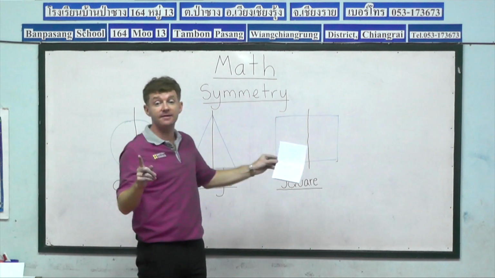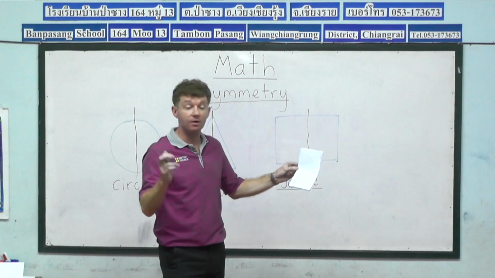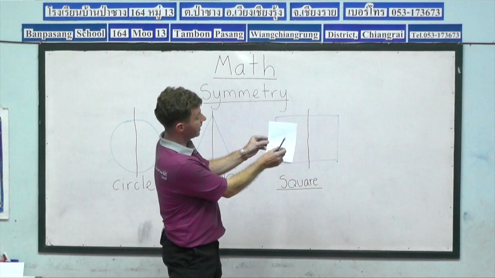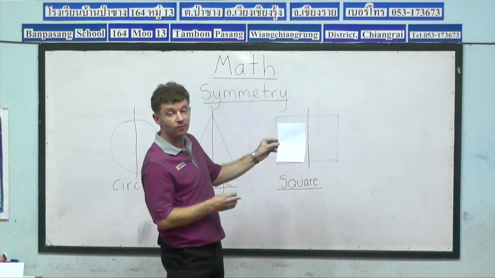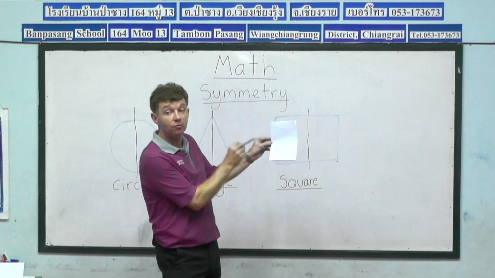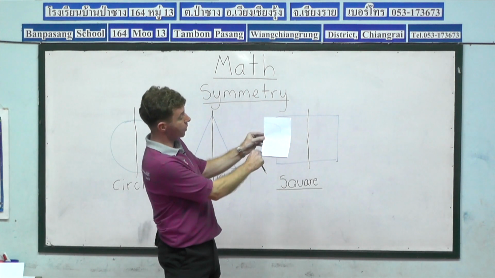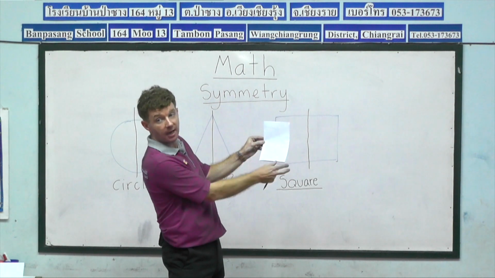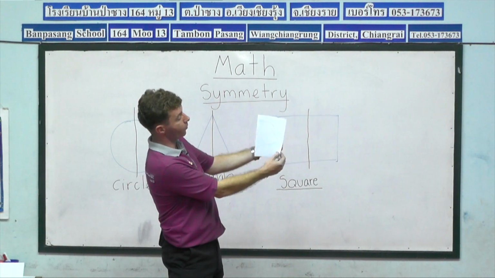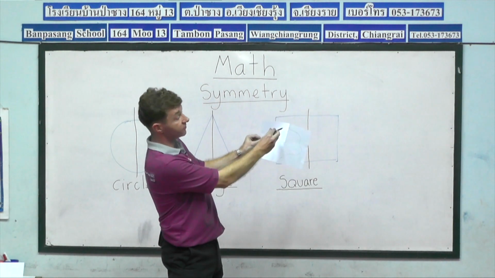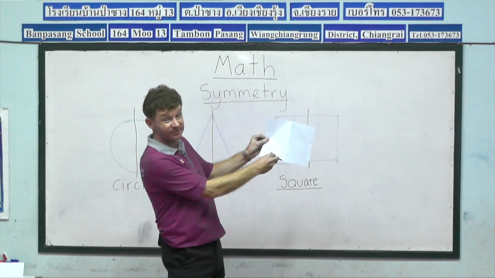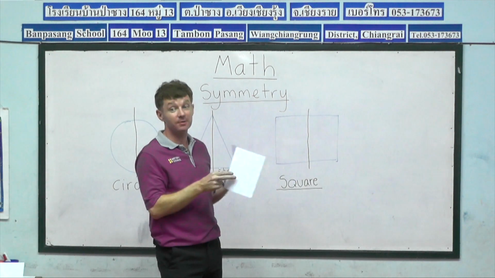But the key is that the only thing you can do is write and draw on one side of the paper. And when you've finished your drawing, we will cut around the outline. And when you open up the paper, you will see that both sides are the same. And that will prove symmetry.